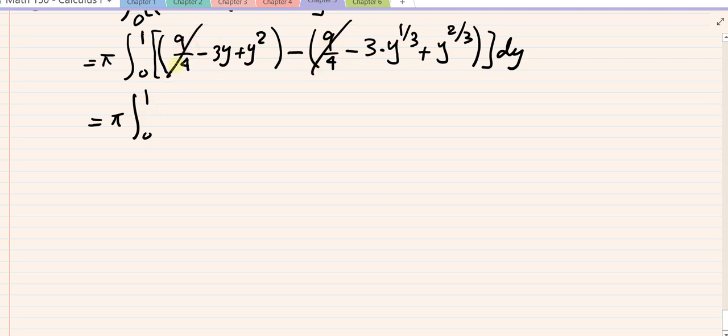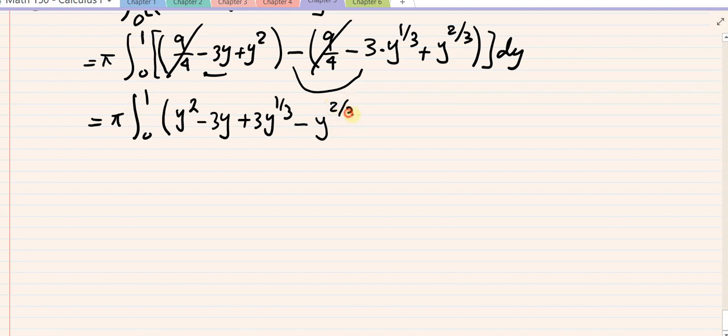The 9/4's cancel out, so we get y squared, negative 3y here, and negative times negative is positive, plus 3y to the third, and negative y to the 2/3, dy.